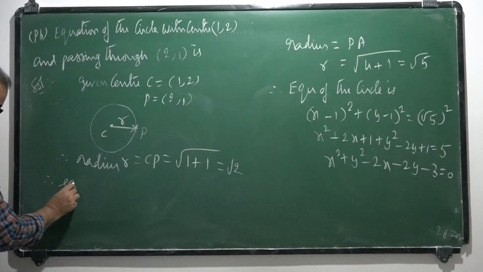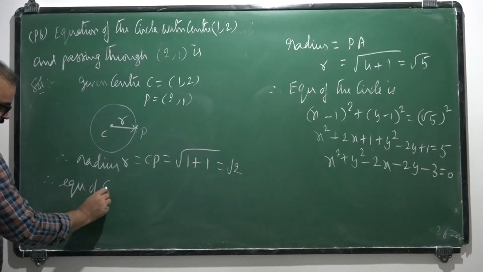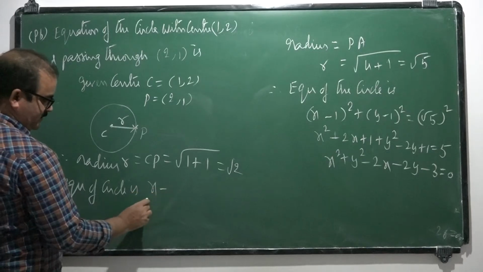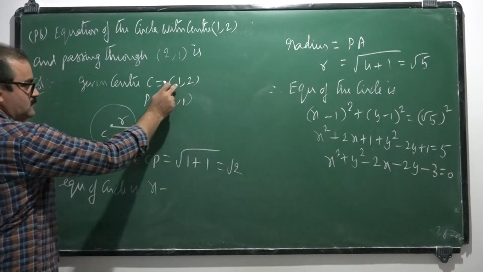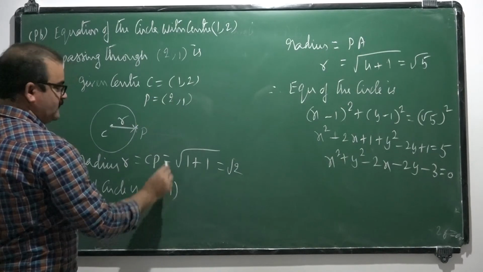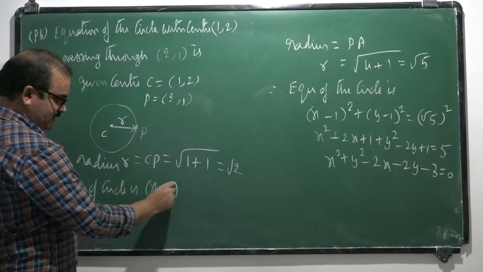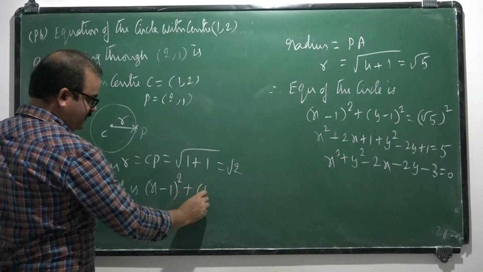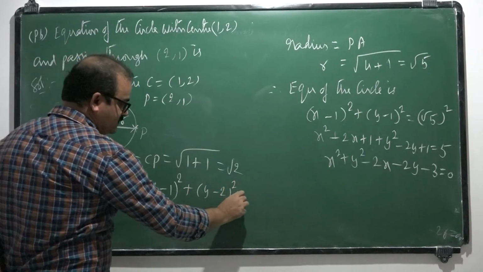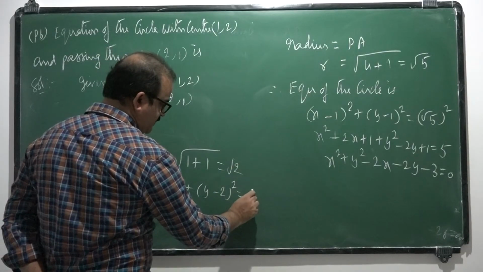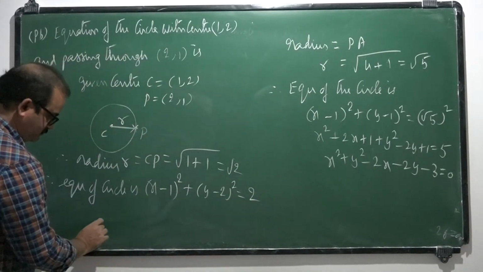Therefore, the equation of the circle is (x minus 1) whole square. If the center is (a, b), then the equation of the circle is (x minus a) whole square plus (y minus b) whole square is equal to r square, (root 2) whole square, that is 2.